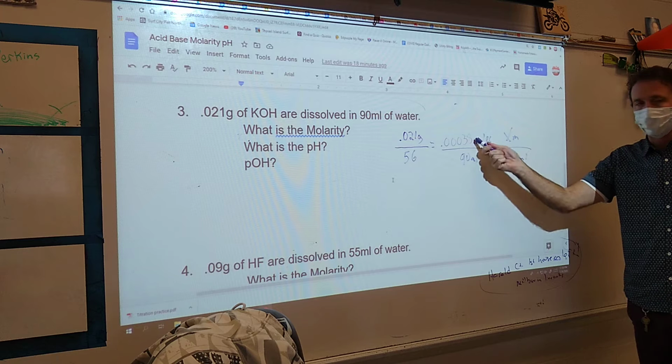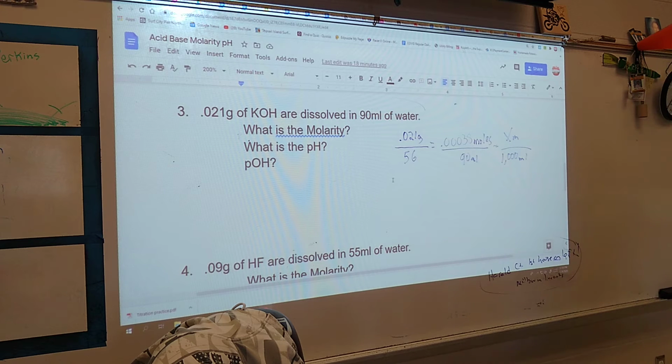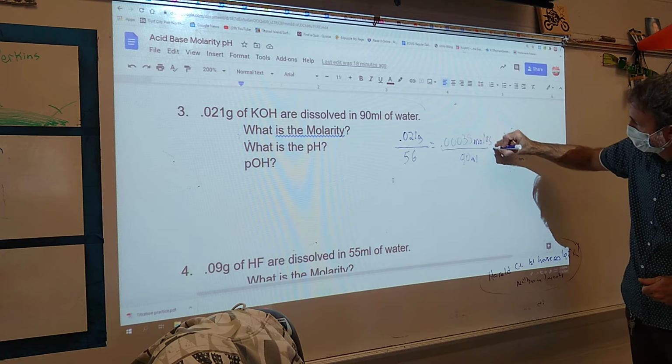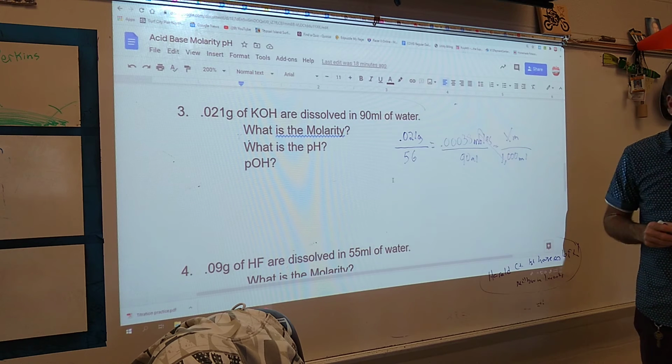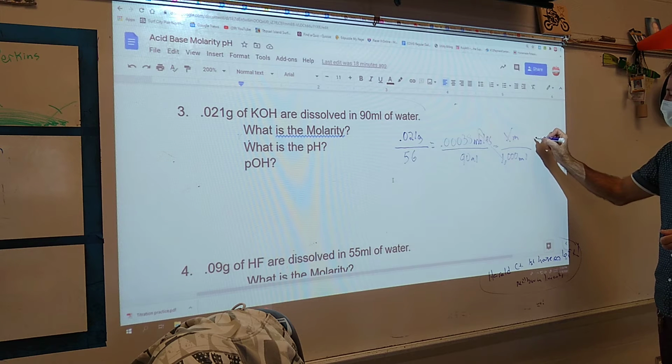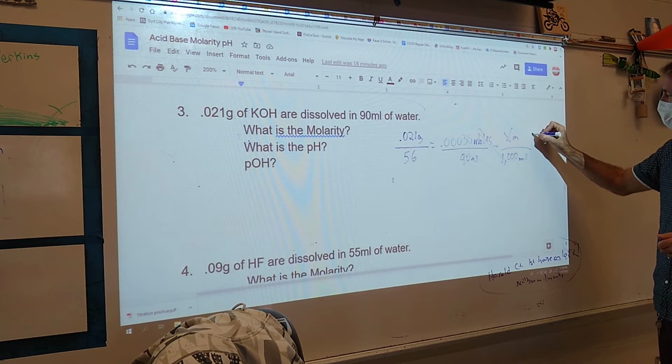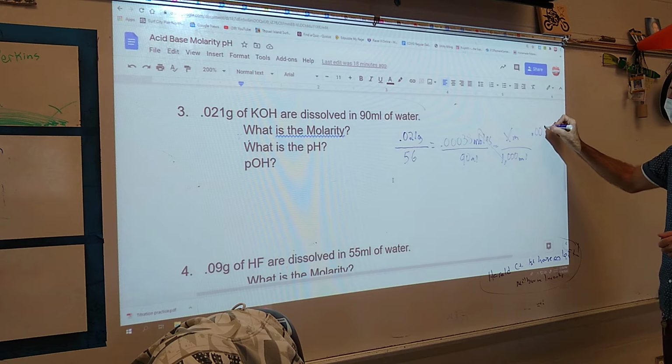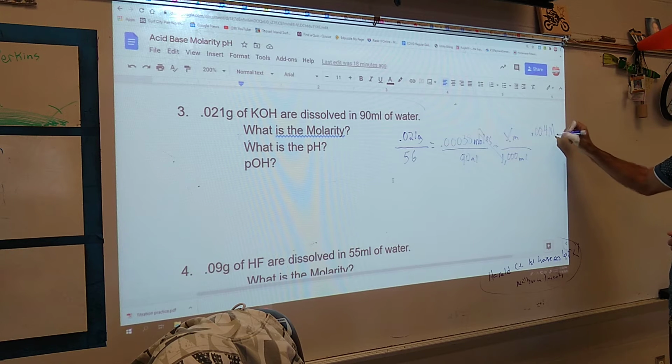So we will cross multiply this. 0.00038 times 1,000 divided by 90. That times that divided by that. It gives me 0.004. So the molarity is 0.004 molar potassium hydroxide.